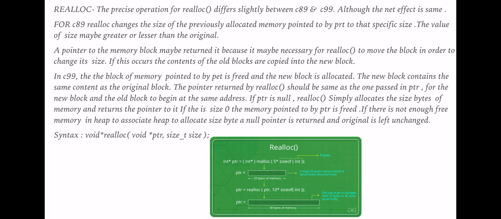If there is not enough free space in the heap section of the memory to allocate the required number of bytes, a null pointer is returned and the original is left unchanged. The syntax is void pointer realloc, inside the parenthesis, void pointer and size. Here size_t is nothing but a variable.